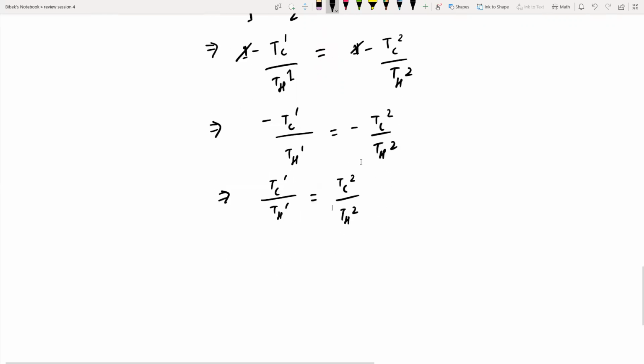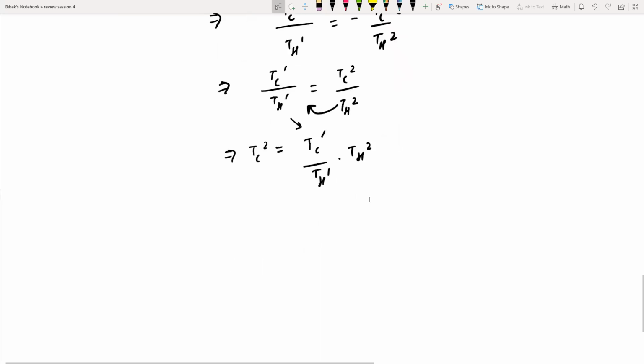As we're solving for TC2, if I bring that to the other side, I will get TC prime over TH prime times TH2. So this will give you the temperature of the cold reservoir.